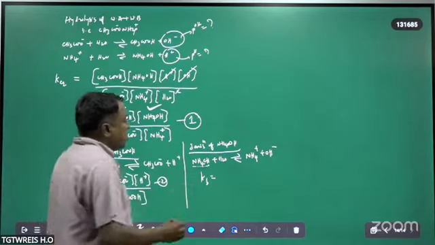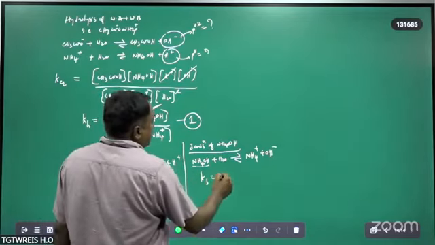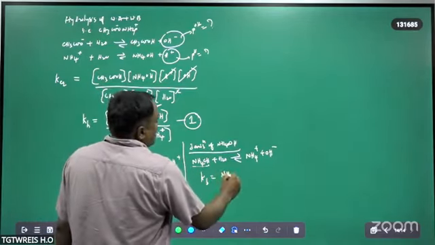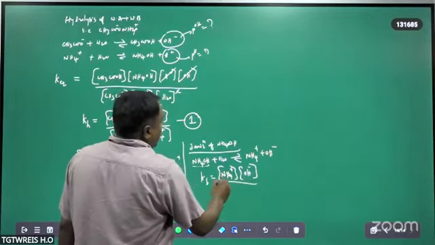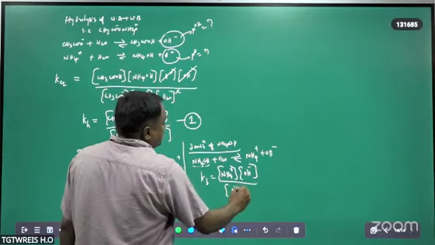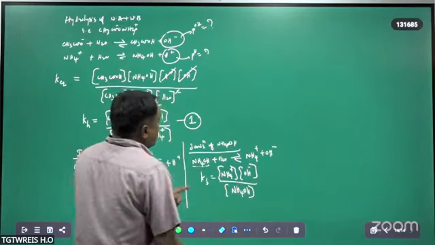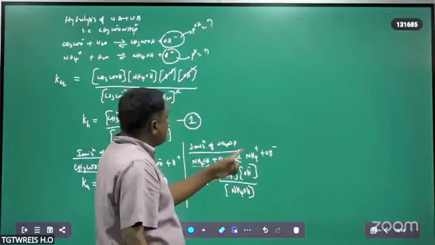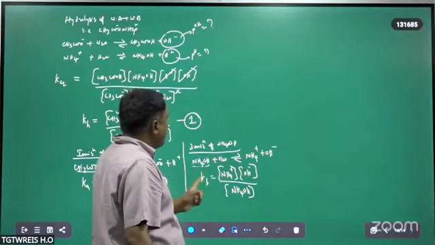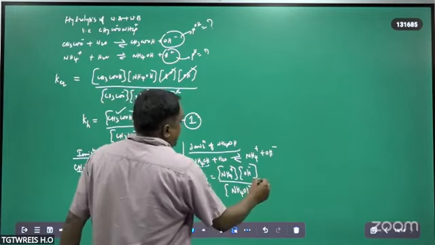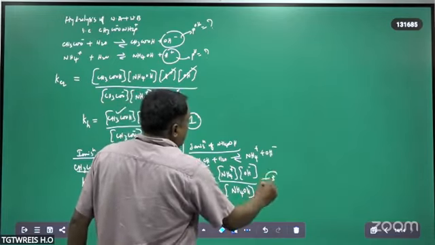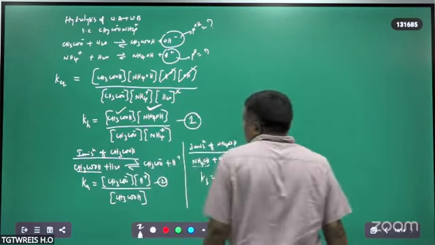For weak bases, we have the Kb, that is the base dissociation constant. So NH4+ into OH- by NH4OH. Because KH is equal to this one into this one by this one and this one. So KH into this concentration of water is equal to what? That is Kb, that is the base dissociation constant, that is equation number 3.